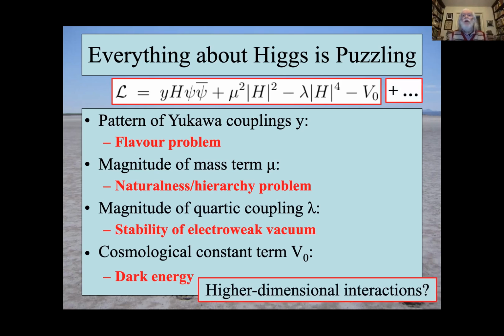And there's also the issue whether, in addition to these expected, and in many cases known, interactions of the Higgs boson, there might be additional higher dimensional interactions. So basically, the Higgs is still terra incognita, posing many problems.